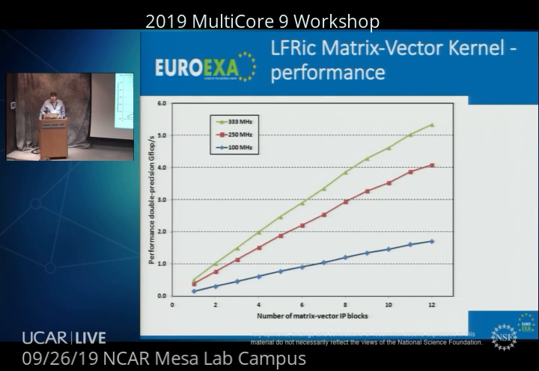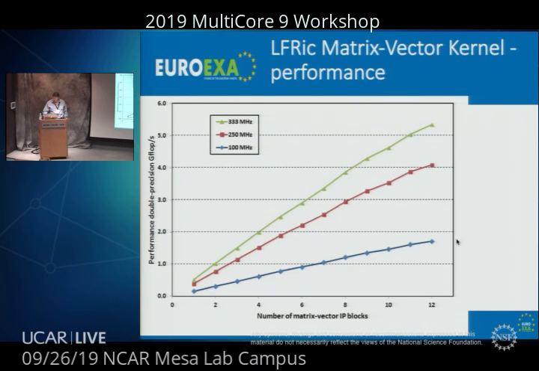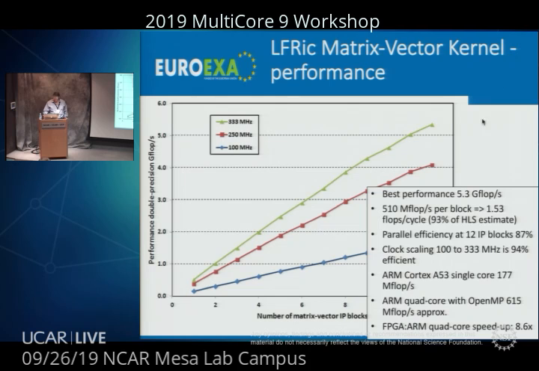This is quite an old generation chip. And you can see there the scaling with, whoops, there it comes, the scaling with clock speed. So we have a parallel efficiency across these 12 blocks of 87% and an efficiency on the clock speed scaling of 94%.